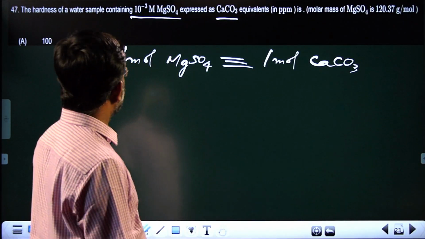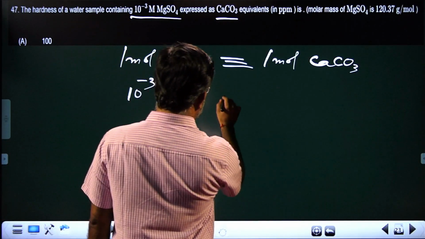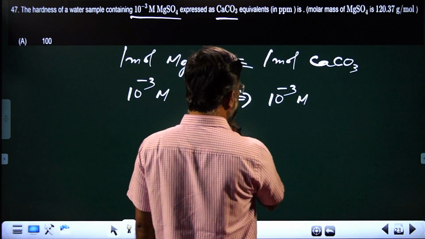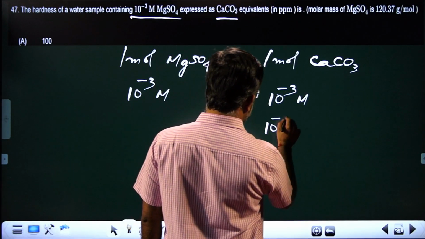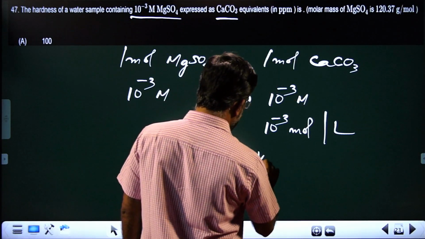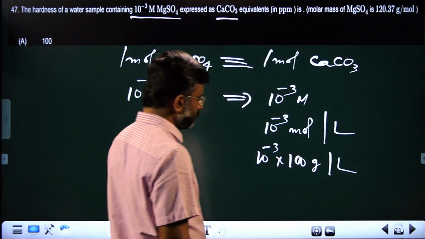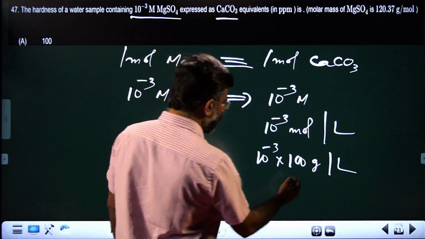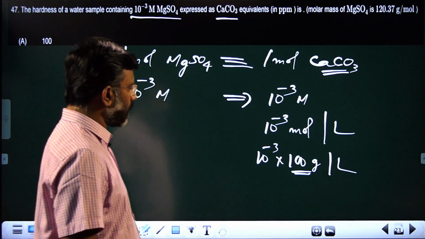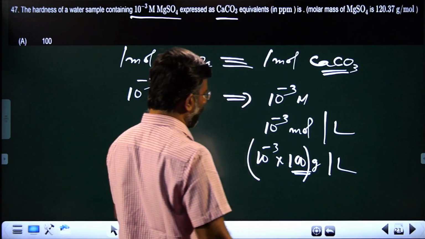So here it is 10 power minus 3 molar, equivalent. So it is 10 power minus 3 mole per liter. That is 10 power minus 3 into 100 gram per liter, where 100 is the molar mass of calcium carbonate. Number of moles into molar mass will give you mass.